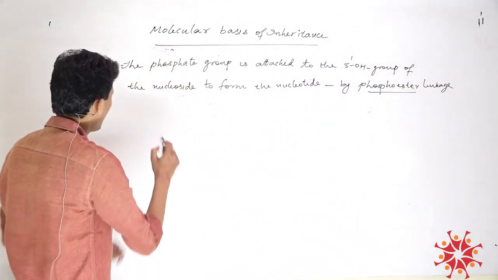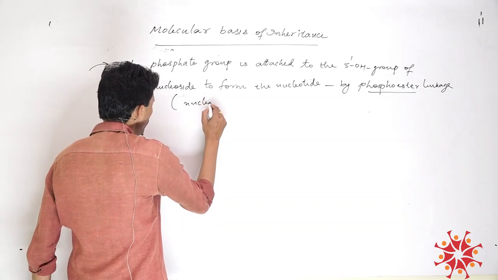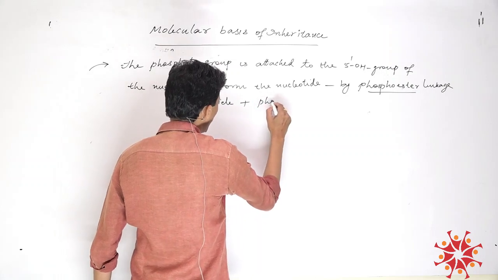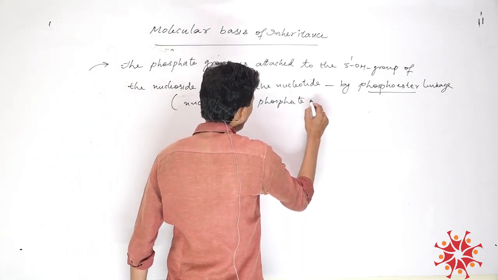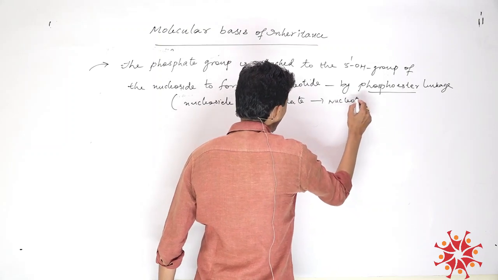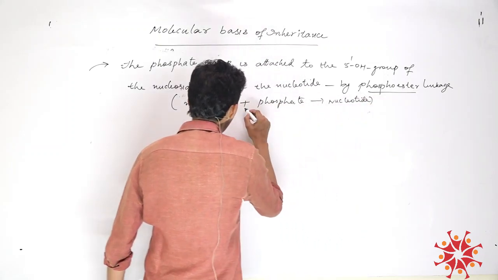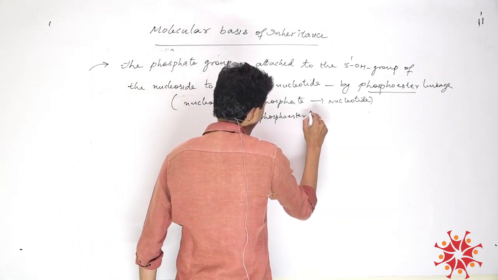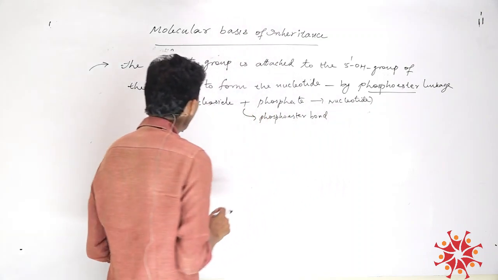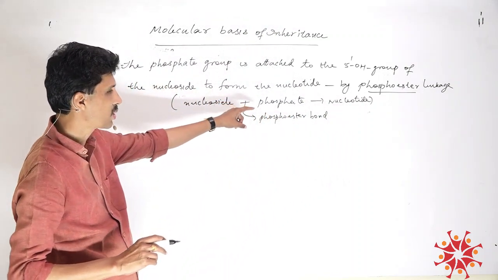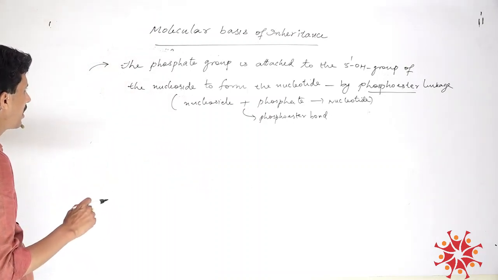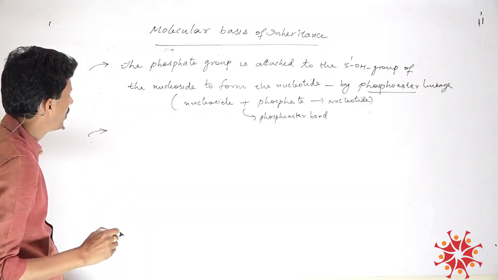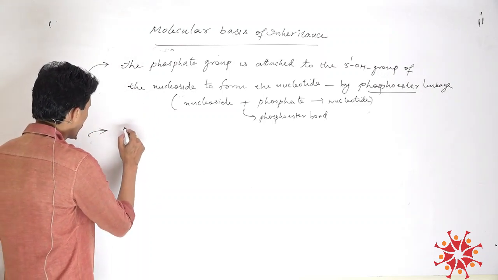So here this nucleoside is joining the phosphate group, and you are now getting the nucleotide, right? And here this bond is phosphoester bond. So the bond between the nucleoside and the phosphate is phosphoester bond, right? Now you have got a nucleotide.